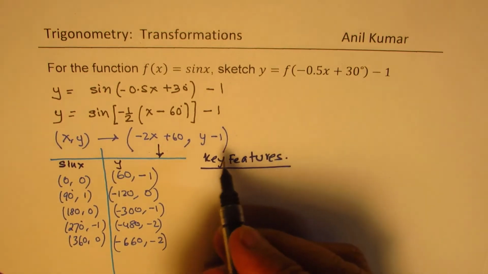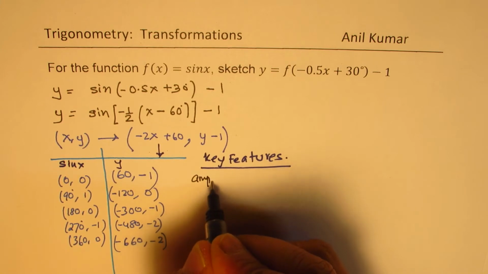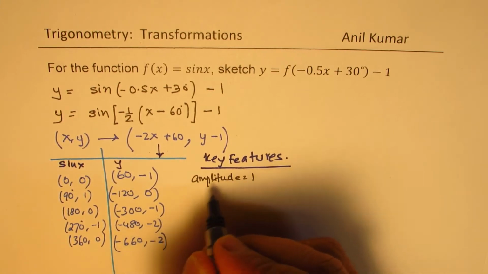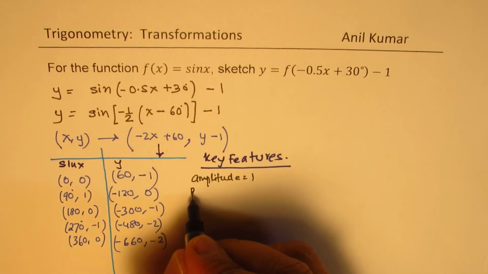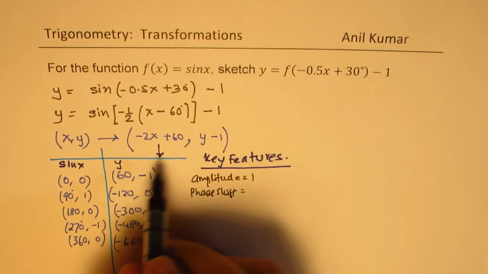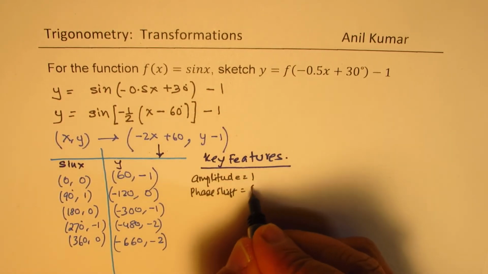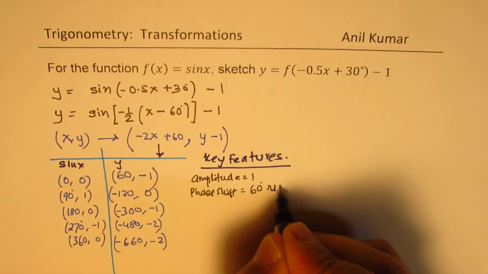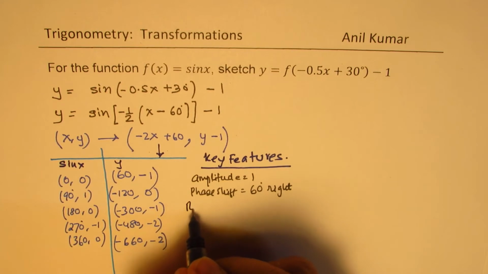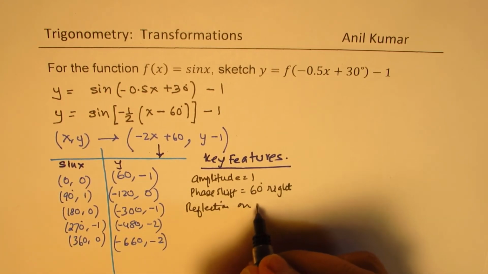So in key features, you can say from here that the amplitude remains same, right? So amplitude is still 1, and the phase shift is 60 to the right, correct? So that means 60 degrees right. And this is reflection on the y-axis.